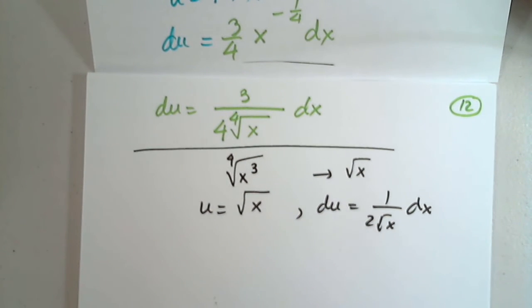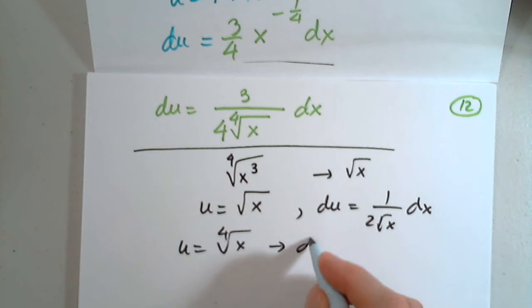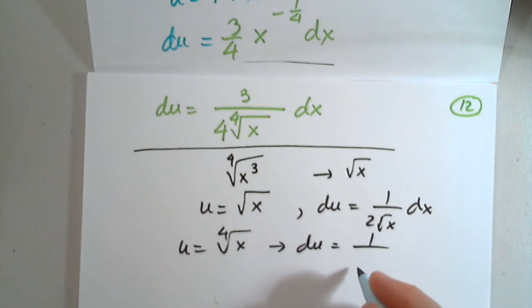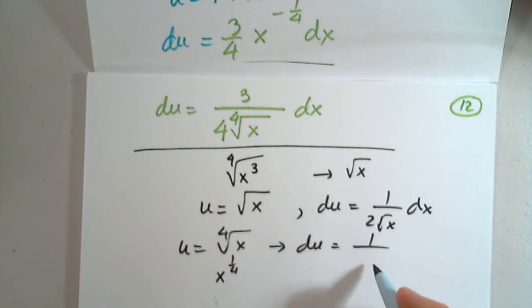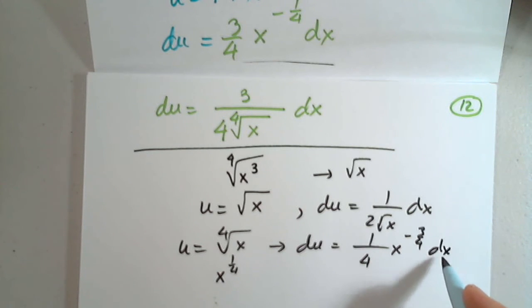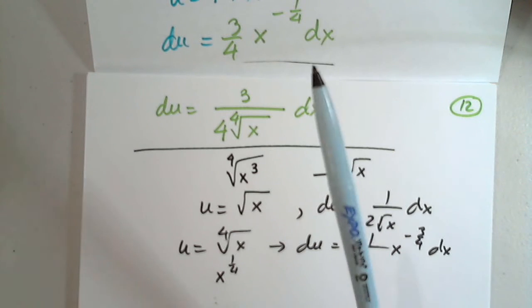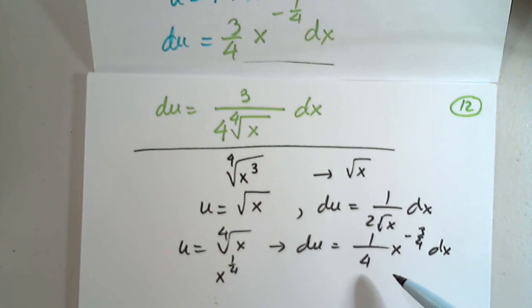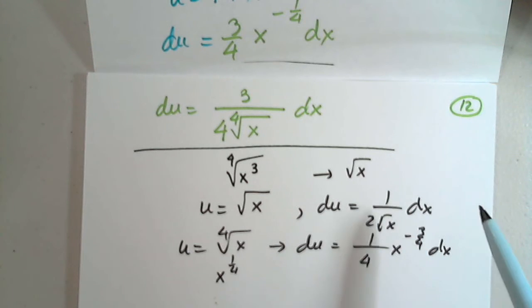What if I have u equals the 4th root of x? Du equals 1/4 x to negative 3/4 dx. And the top will be u squared.